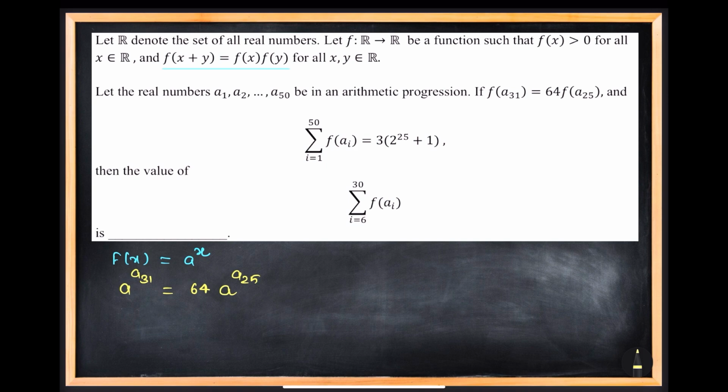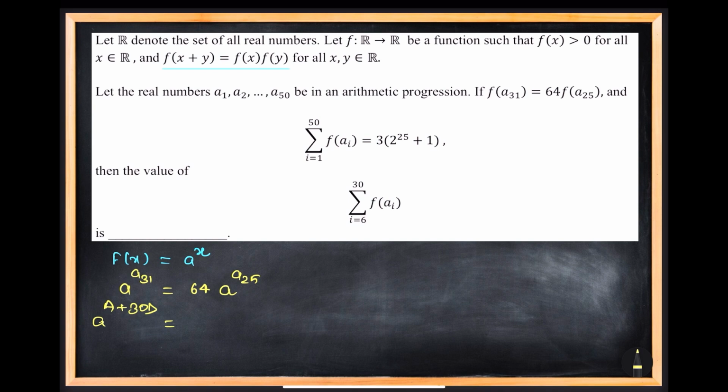Now, you know that a31 and a25 are in AP. So can we go with a power capital A plus 30D? I know that we cannot use A because both symbols will become the same.